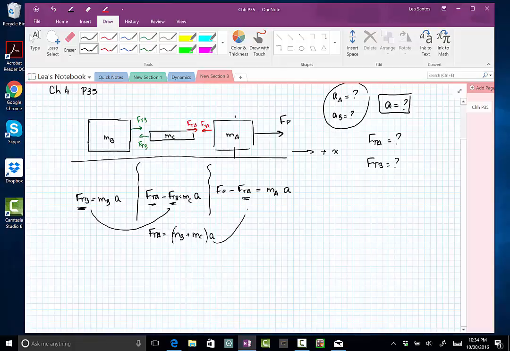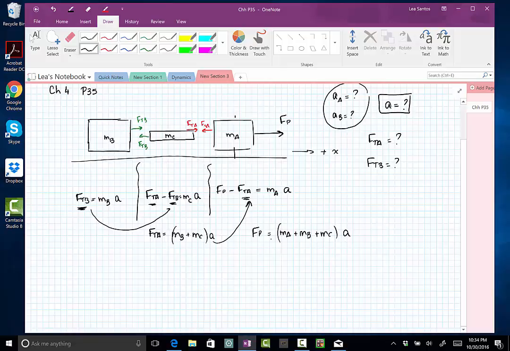Now I can put this one here, and I have that FP is equal to MA plus MB plus MC times a. Okay, so I put this FTA here. This is a negative sign. I put it to the right, and then I have this whole equation.